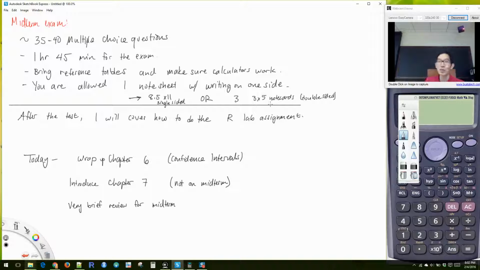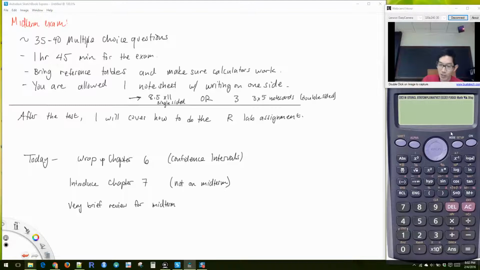And they both give you, you know, what is 8.5 times 11? I don't know what 187 divided by 2 is. 93.5. Okay, 3 by 5 times 3, front and back, would be 90 square inches of real estate that you can write on. Okay, so they're about the same.